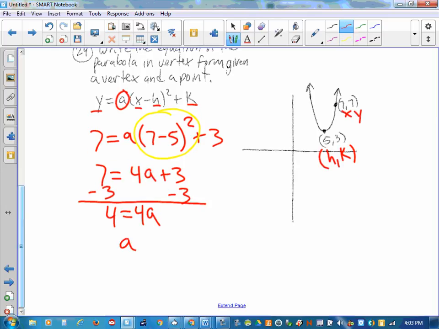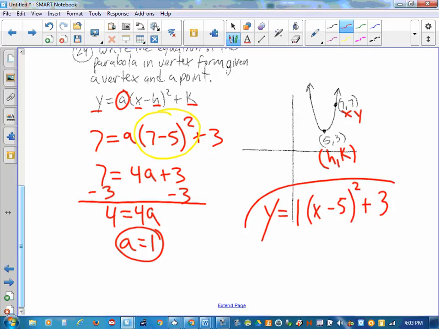Divide, a equals 1. So now that I know a, h, and k, I can write the equation in vertex form. 1 times x minus 5, there's my h, squared, plus k, which is 3. And this parabola equation holds those points.